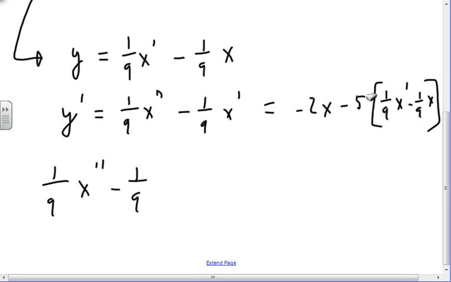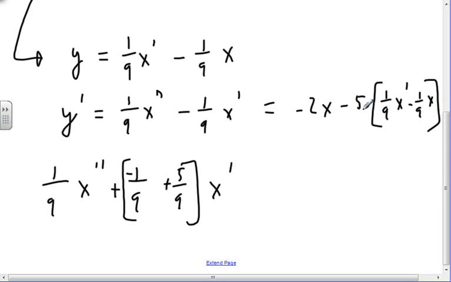Over here I have, what we'll do is we'll call it plus a minus 1/9. And over here I got 5/9, which are negative, which are going to be positive, plus 5/9 x prime.